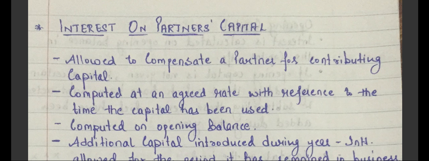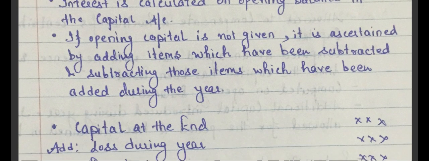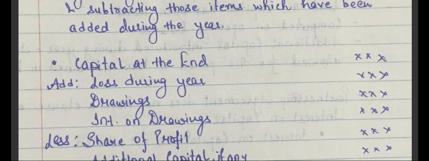Let's see here. Interest is calculated on the opening balance in the capital account. If opening capital is not given, it is ascertained by adding the items which have been subtracted and subtracting those items which have been added during the year. See, the capital at the end is given.